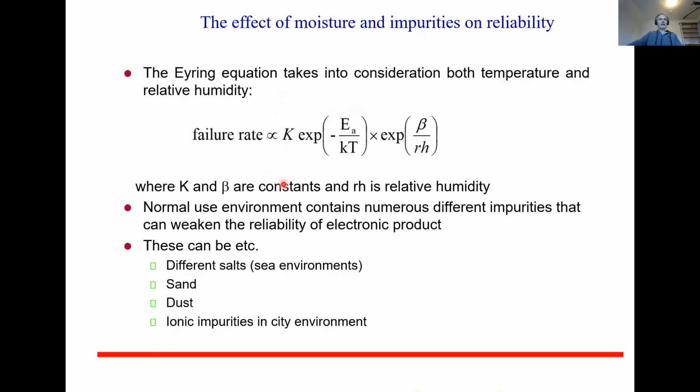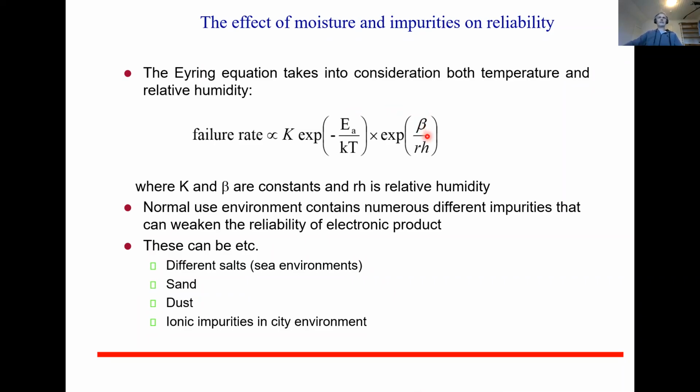So we have the Arrhenius part here describing the effect of temperature, and then we have a similar type of exponential model for the relative humidity. So here we have the relative humidity, and here we have some kind of a constant, and you could consider it similar to the activation energy in the Arrhenius model, so that this constant describes how strong the effect of increasing relative humidity is.